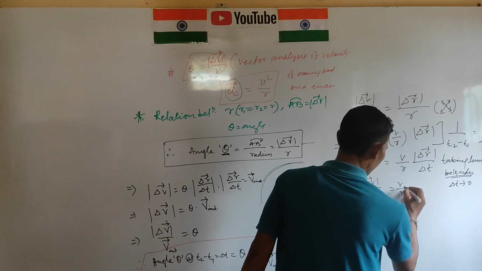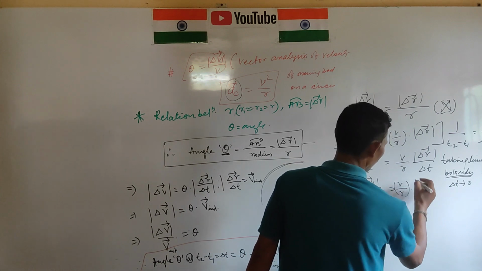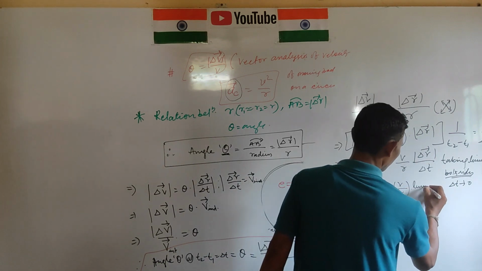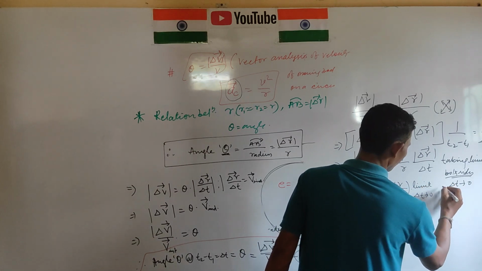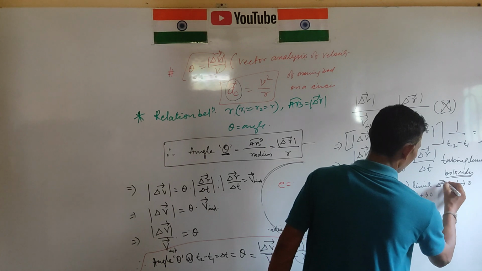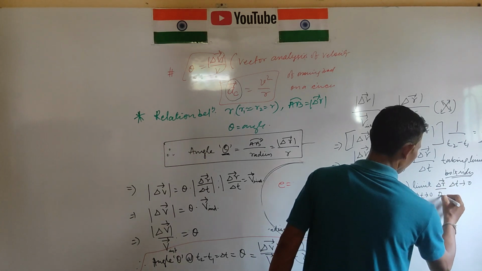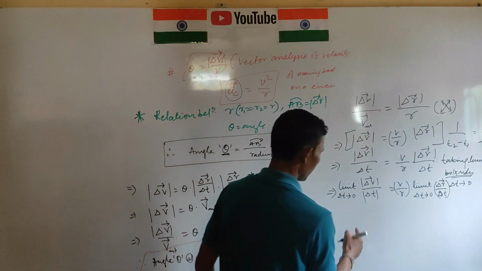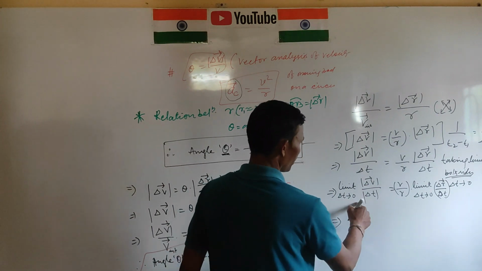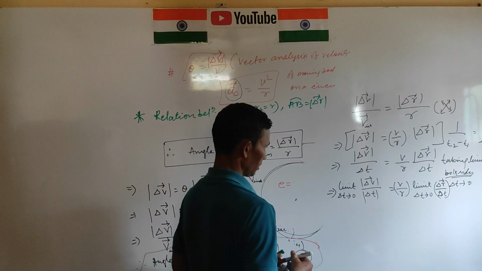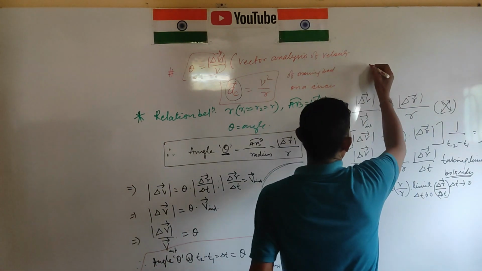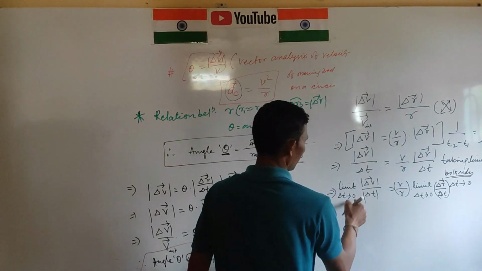And this is r, this is the limit as delta t tends to 0 of delta r upon delta t. Here is the acceleration. We know that this is the limit.